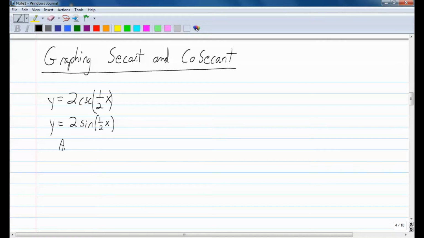So the amplitude is equal to the absolute value of 2, which is 2. The period is equal to 2 pi divided by omega, and omega is 1/2.